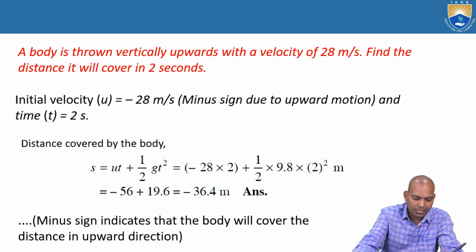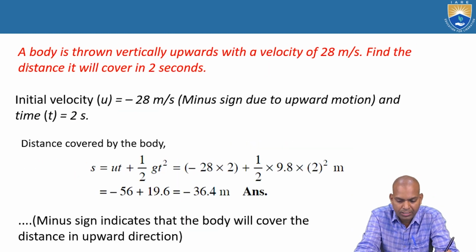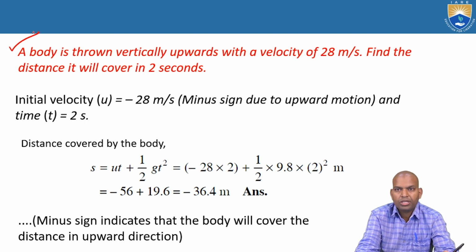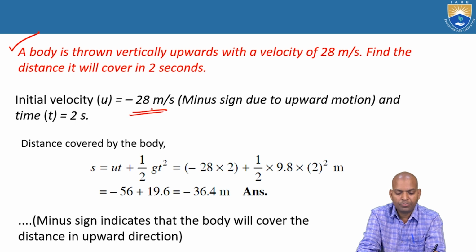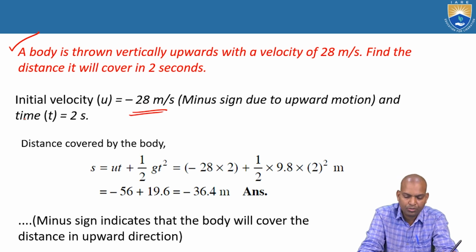The next problem: a body is thrown vertically upwards with a velocity of 28 meters per second. Find the distance it will cover in 2 seconds. The initial velocity u is negative 28 meters per second because of the upward motion, and the time t is 2 seconds.